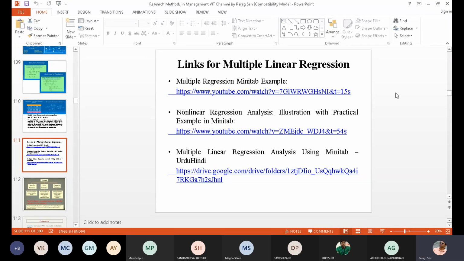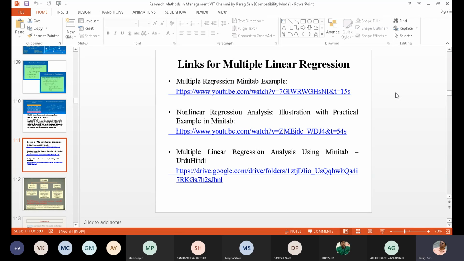We have also discussed simple linear regression as well as multiple linear regression. In simple linear regression, there is only one independent variable. And in multiple linear regression, there is more than one independent variable.